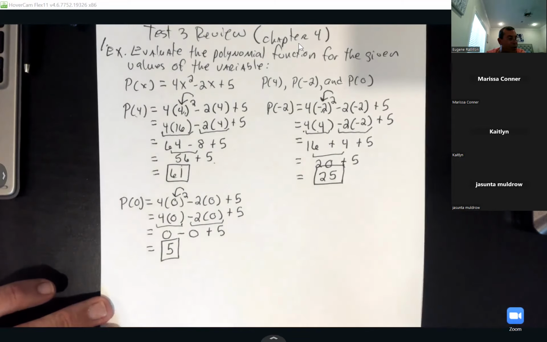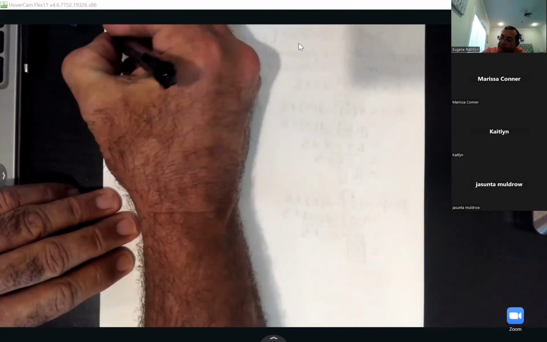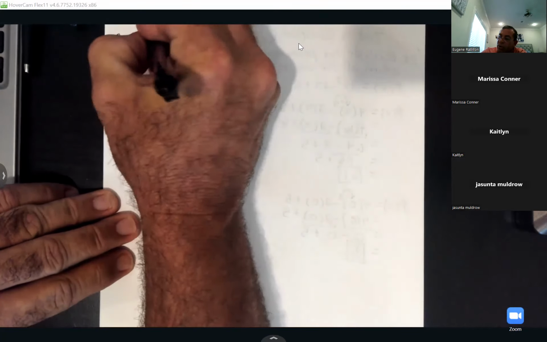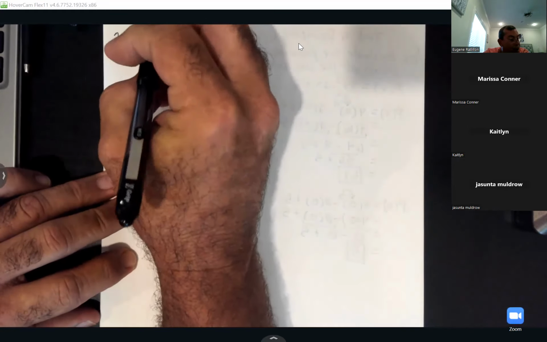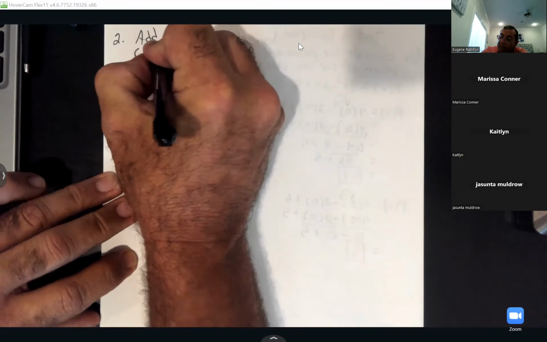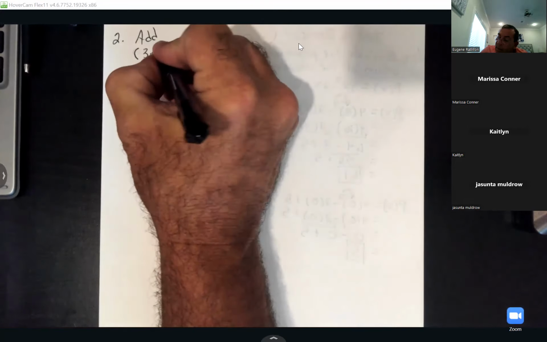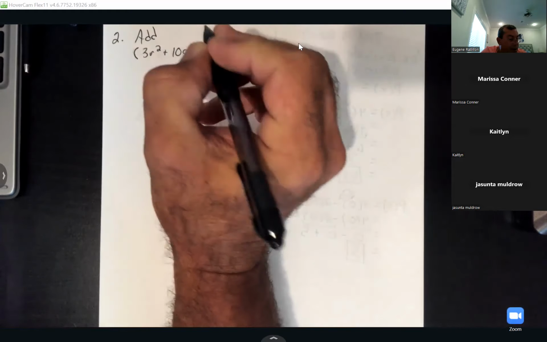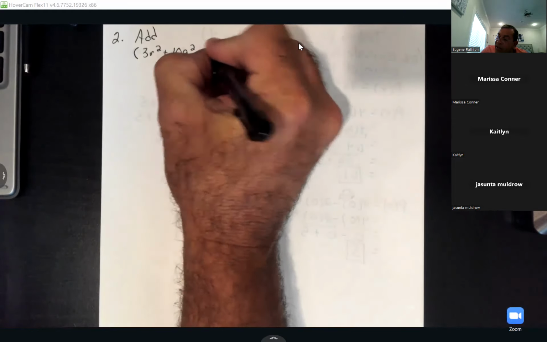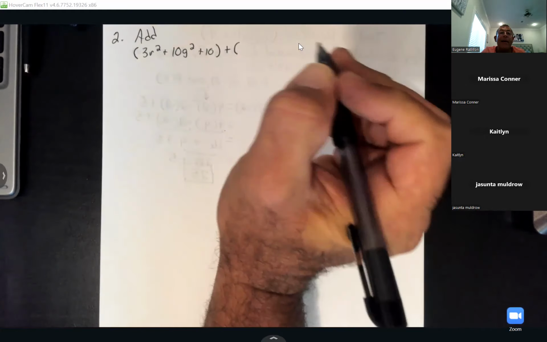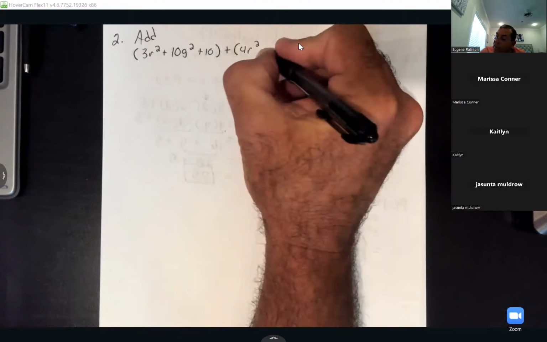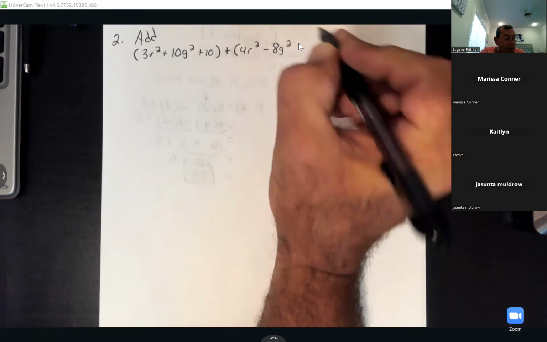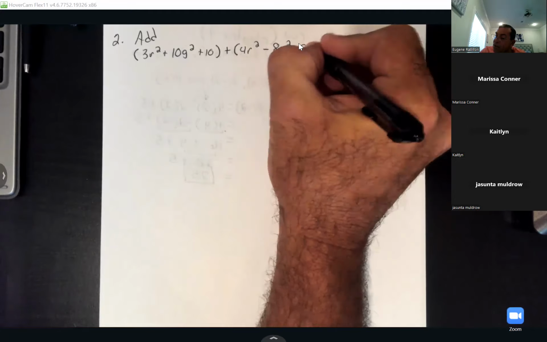All right, y'all, next, number 2. Number 2 wants us to add. So they're giving me 3r squared plus 10g squared plus 10. We're going to add that to 4r squared minus 8g squared minus 2.